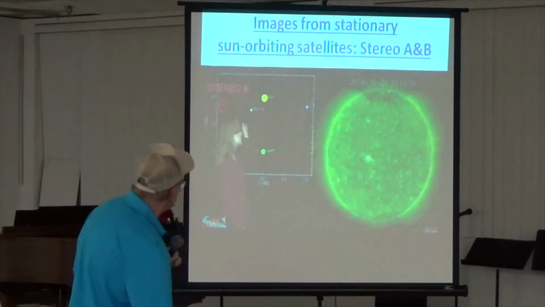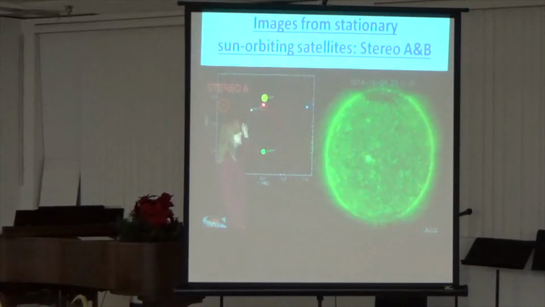Another thing Tamitha talks about is these satellites in orbit around the sun, approximately as far out as the Earth is. There's an A satellite and a B satellite. They're called STEREO satellites, and they will actually take pictures of the sun in real time and transmit them back.